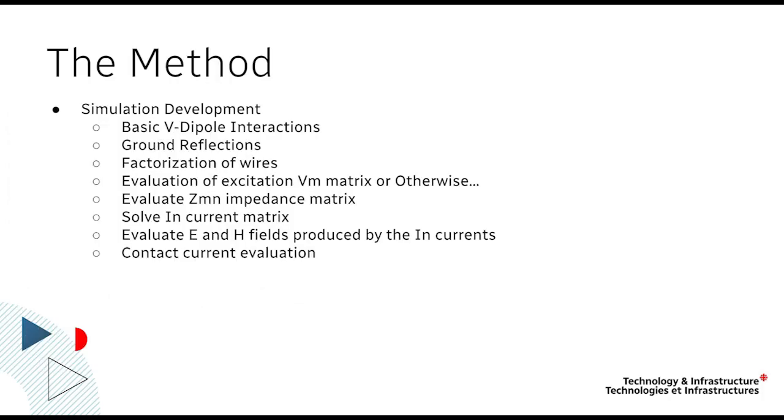So yeah, the method. Once you have your antenna system, you divide your antenna into a matrix of V dipoles. Then you have to take into account ground effects: the reflection of one dipole to the other, where there's the direct way and also the reflected way.